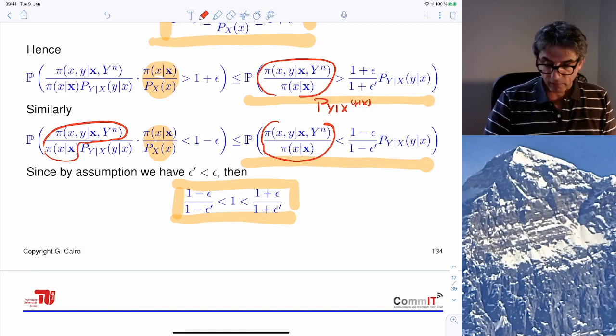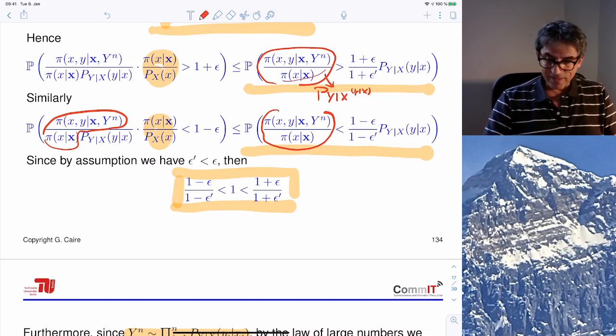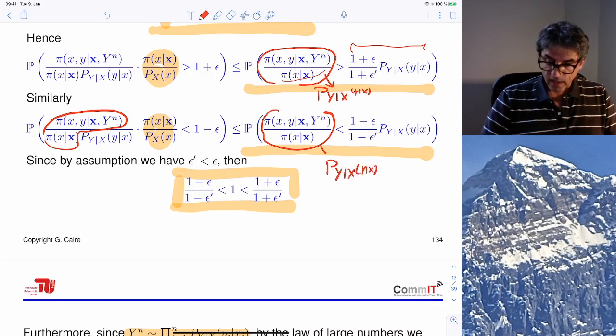So the probability of this tends to 0 because this quantity converges here, and this is always greater than this quantity. So the probability that this random variable is larger than what we have here goes to 0 because at some point the term to the right is always larger than the term to the left, and vice versa. Here the same. This converges to P of y given x, and this term is less than 1.